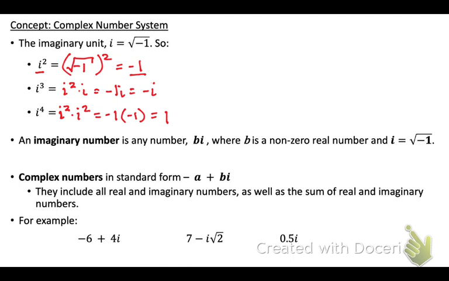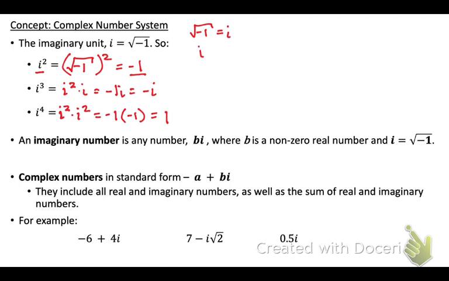Okay, so do you see how any power can be reduced down to a first degree, like 1 to 4? Okay, so I'm going to write it here. So the square root of negative 1 is what? i.